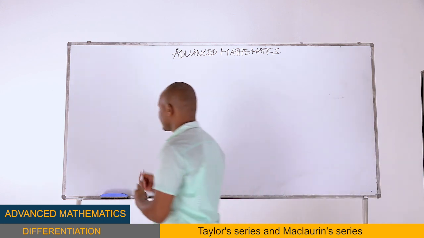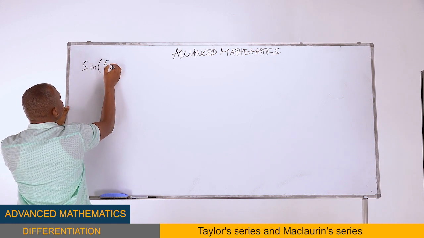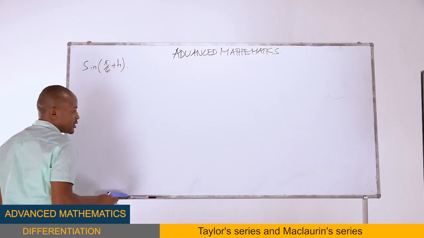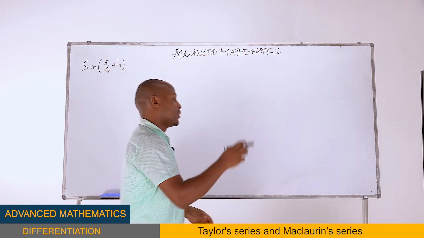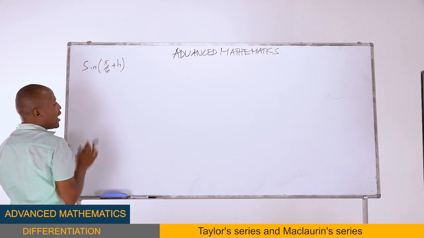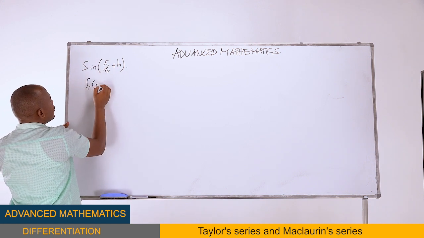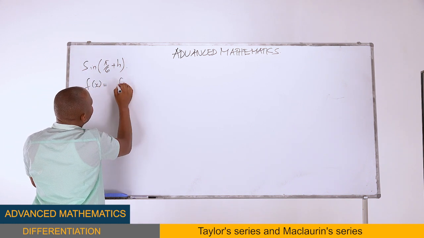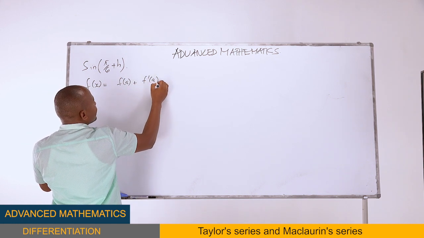Now we have sine of pi over 6 plus h. Now how are we going to do this? Remember, our series is like this. f of x equals f of a plus f dash of a h. Remember, there is an h.